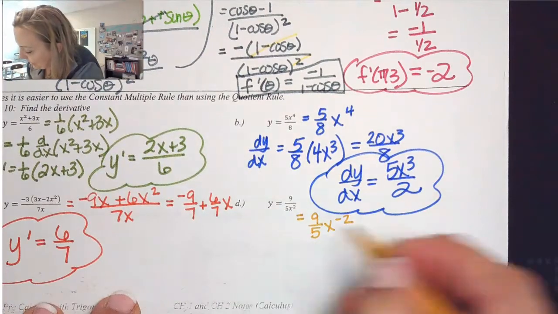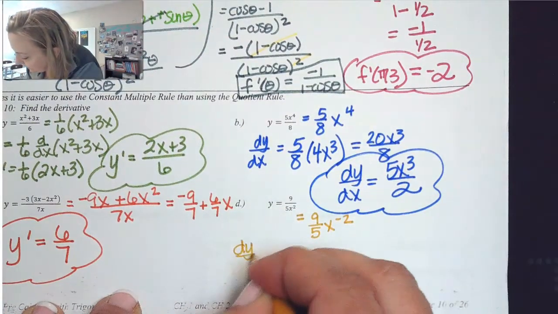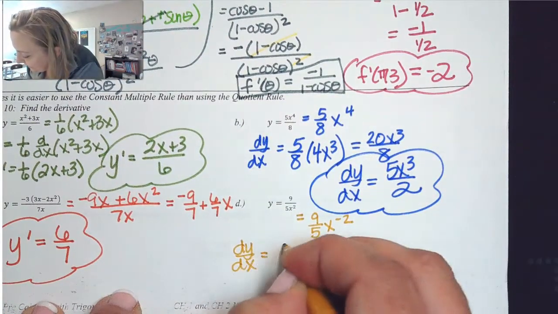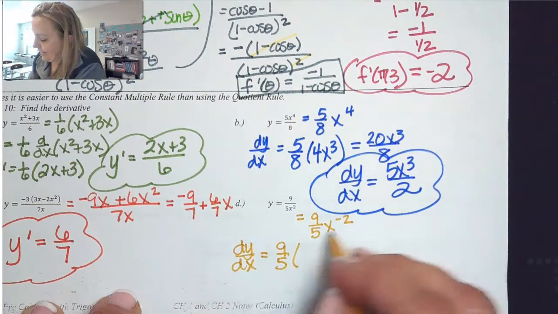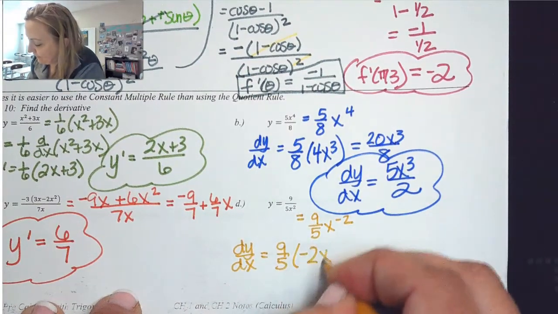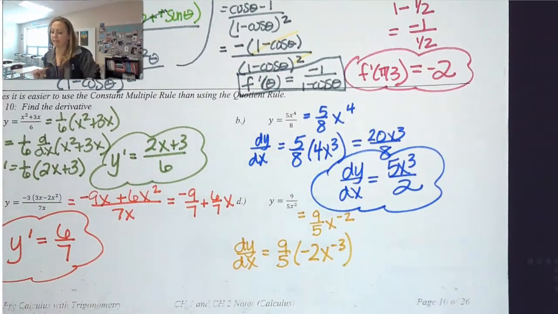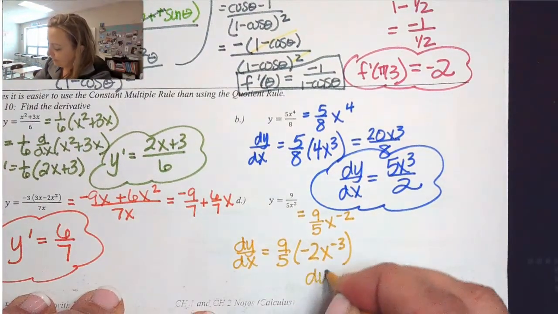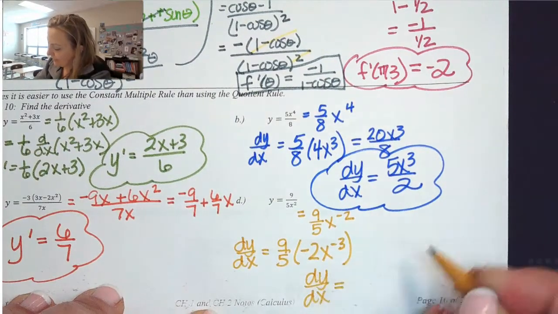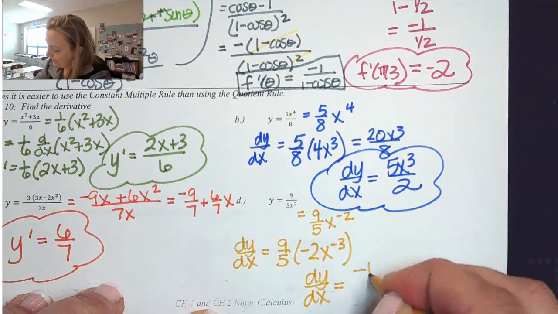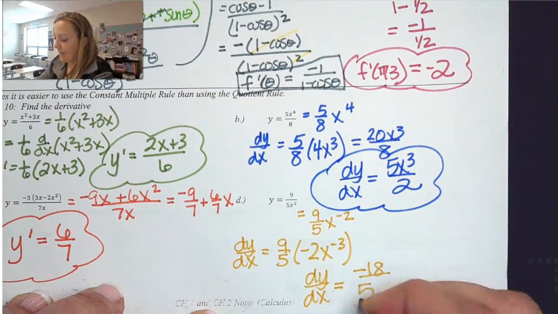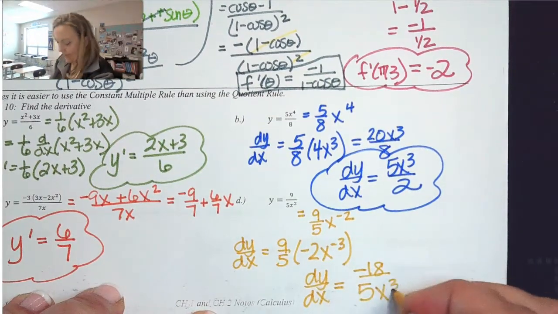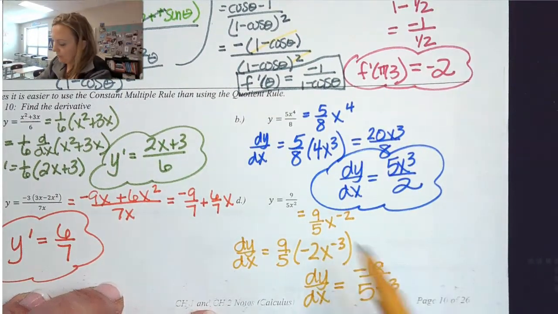Then I could find my derivative by taking 9/5 and the derivative of x to the -2, which is -2 times x to the -3. So my dy dx would be -18 over 5, and then, getting rid of the negative exponent, x cubed.